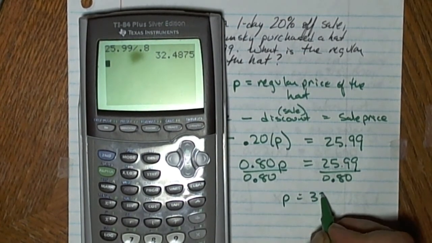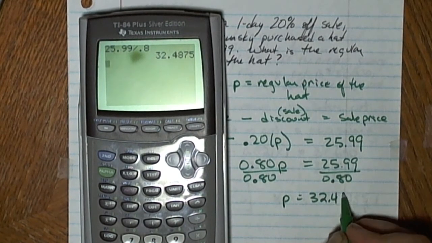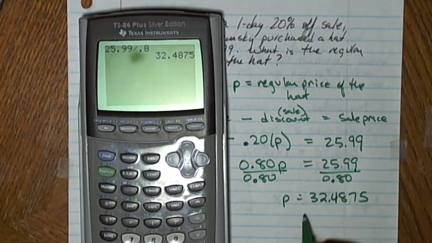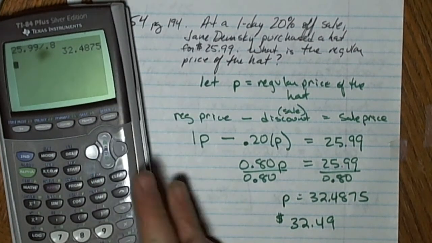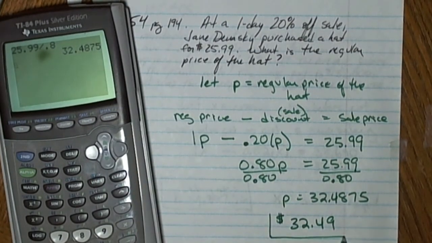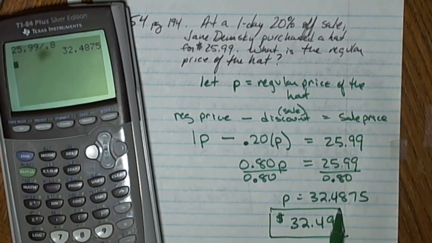P equals 32.4875. And again, since this is money, I'm going to round to the nearest cent, and $32.49. Okay. So that is my original price, or the regular price, of the hat.